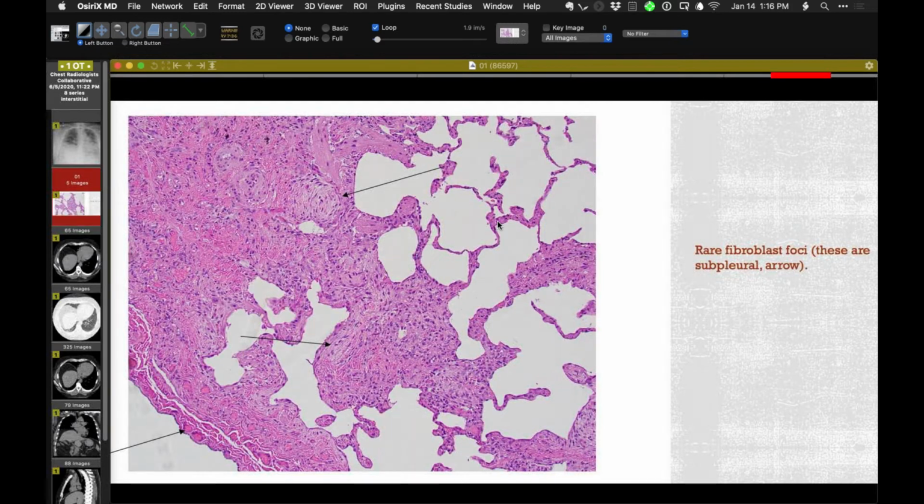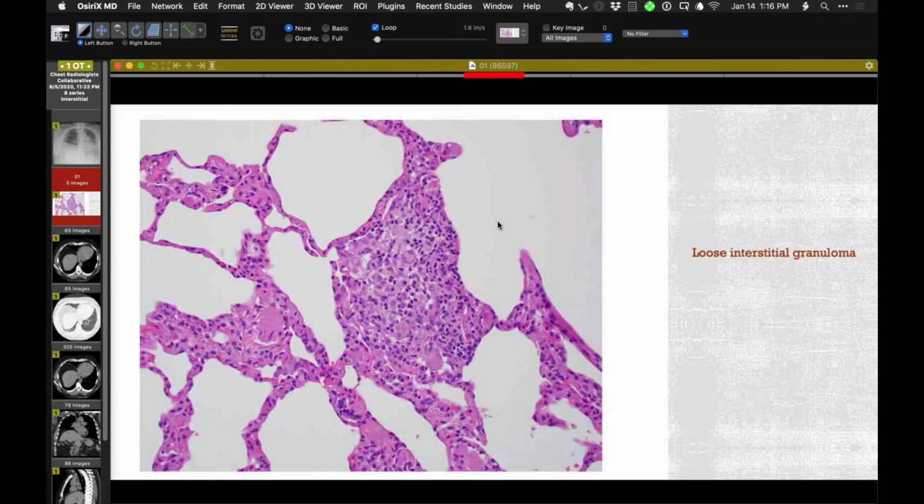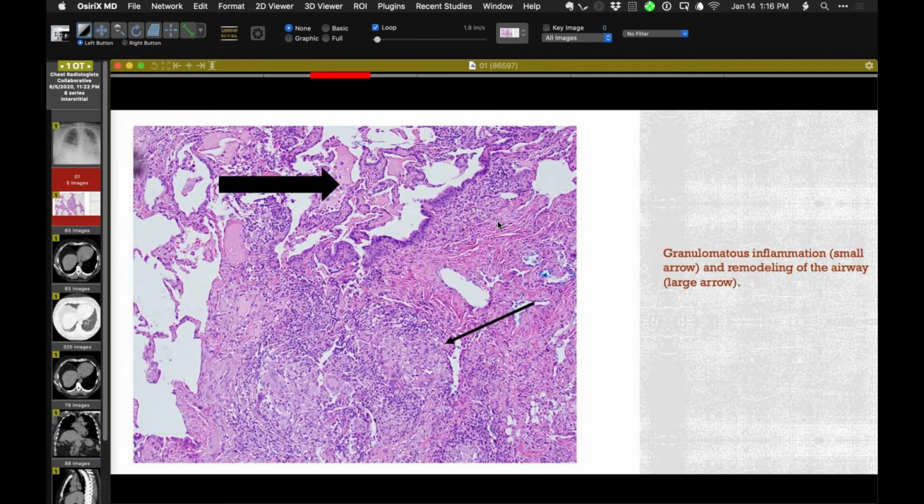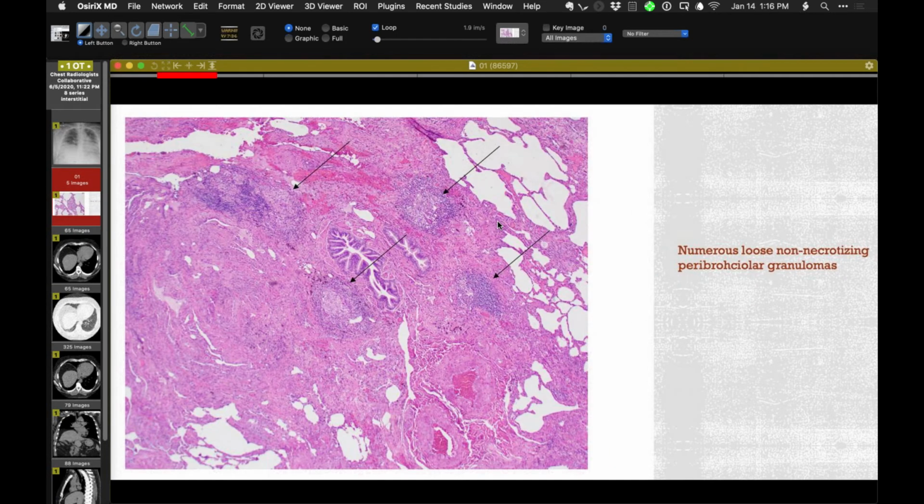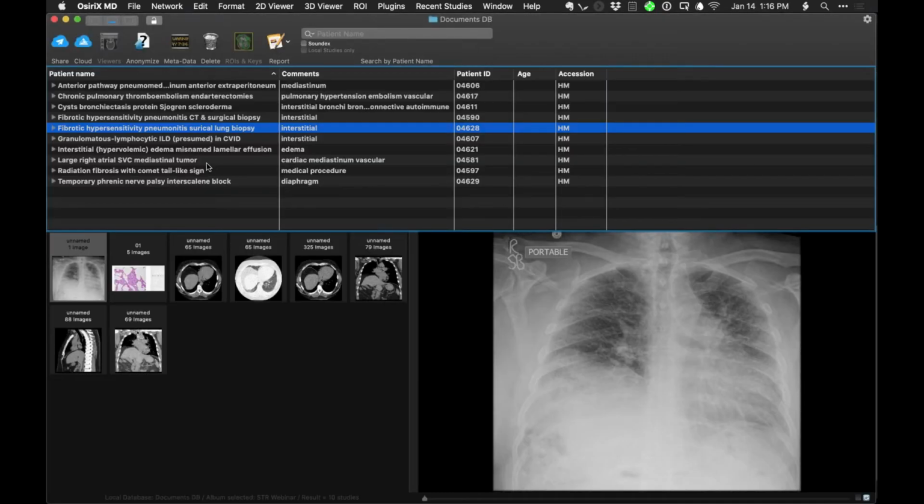Here, and this one can certainly see with both non-fibrotic, but even with fibrotic hypersensitivity pneumonitis, that one may see expansion of the interalveolar septum by cells. So either an NSIP or a fibrotic NSIP. Here is a case of rare fibroblastic foci in this patient.